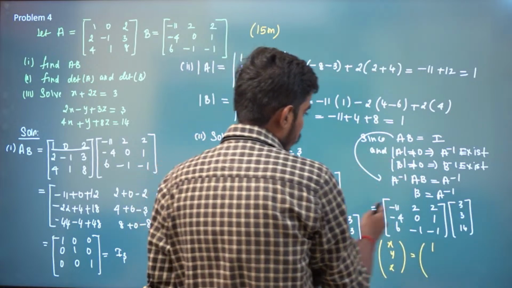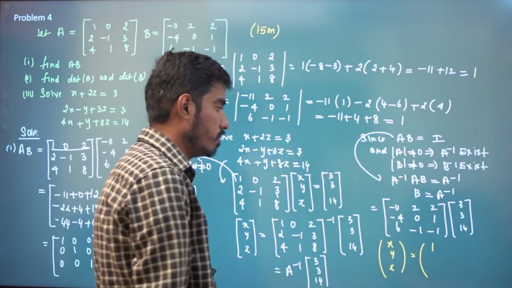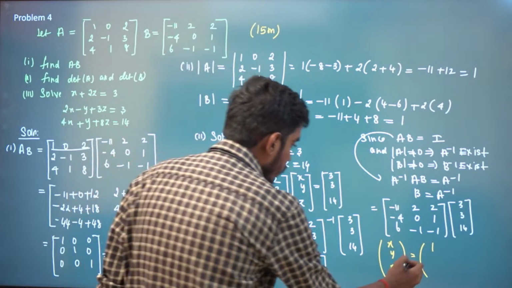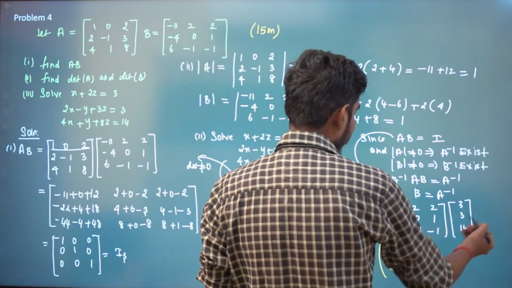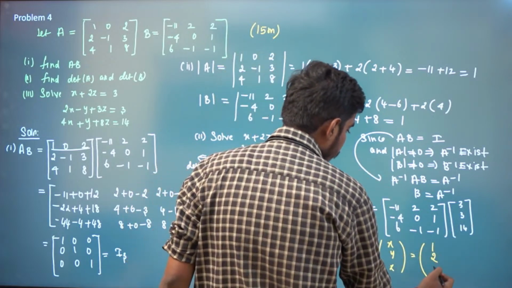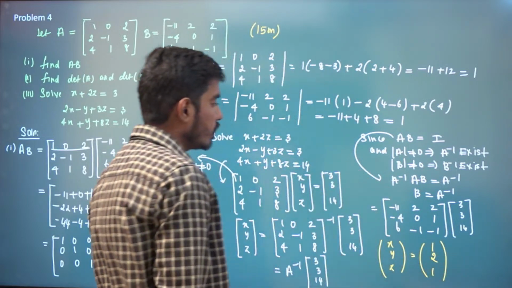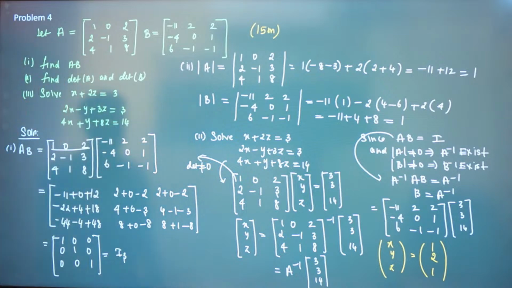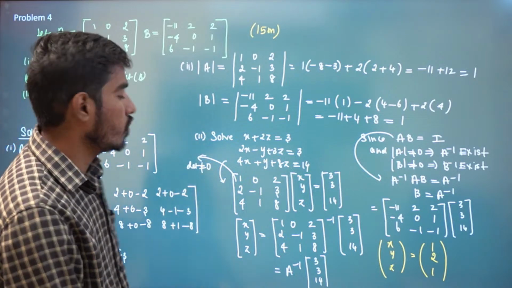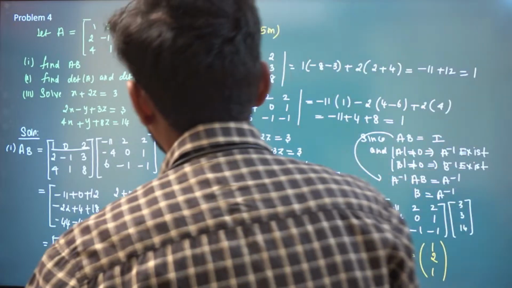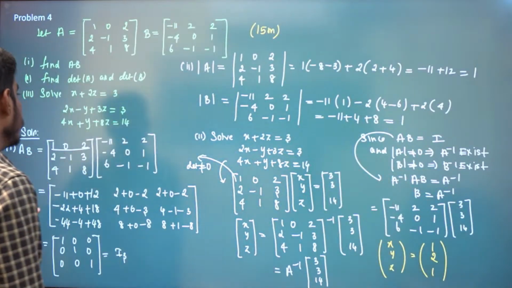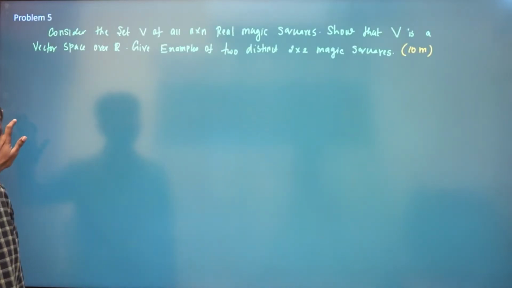And then minus 12 plus 14 is 2. 18 minus 3 is 15. 15 minus 14 is 1. So your x comma y comma z is 1 comma 2 comma 1. Very simple, right? Okay, so we'll move on to the last problem. So this is 15 marks.